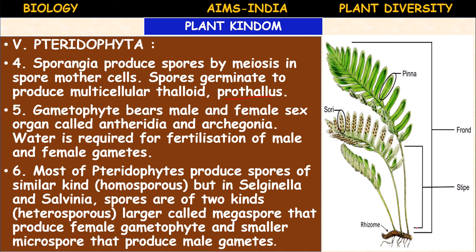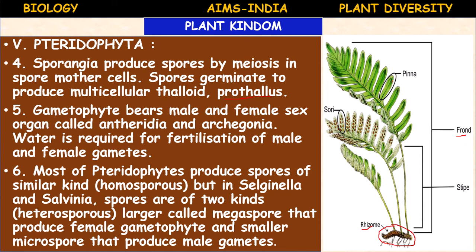See here a typical fern pteridophyte. Here rhizome, rhizoids, these are rhizoids. Stem is called rhizome. Leaves are called fronds. You have to remember, what do you call the stem of pteridophytes? Rhizome. Root of pteridophytes, rhizoids. Leaf of the pteridophyte, it is called fronds.